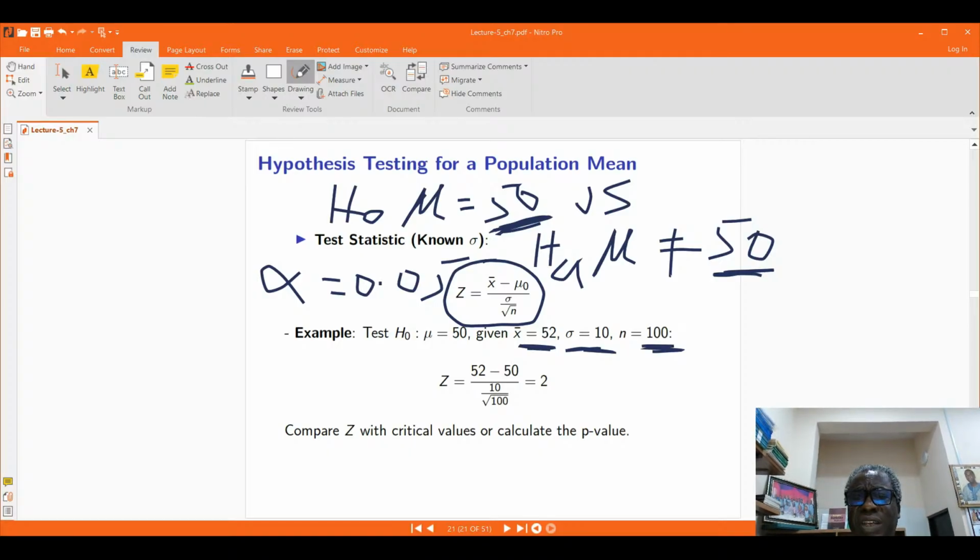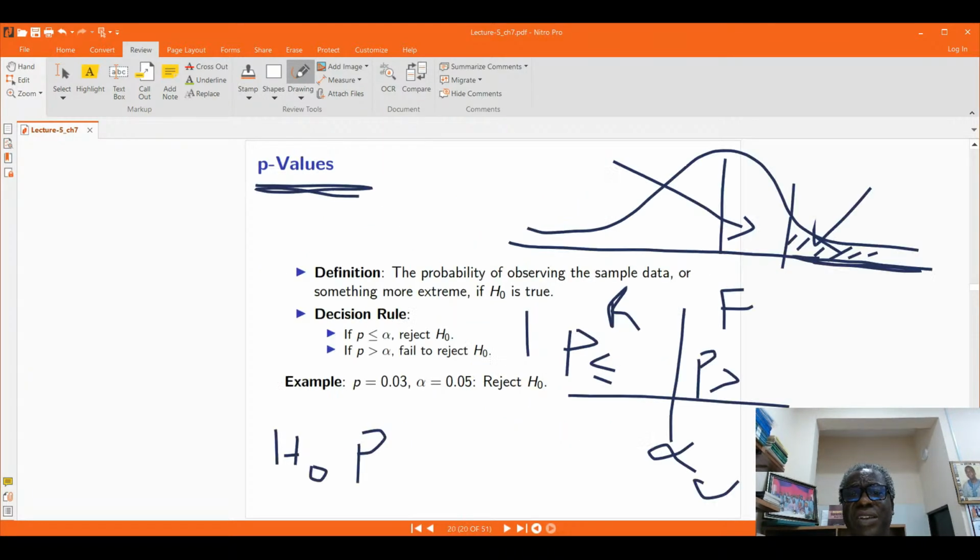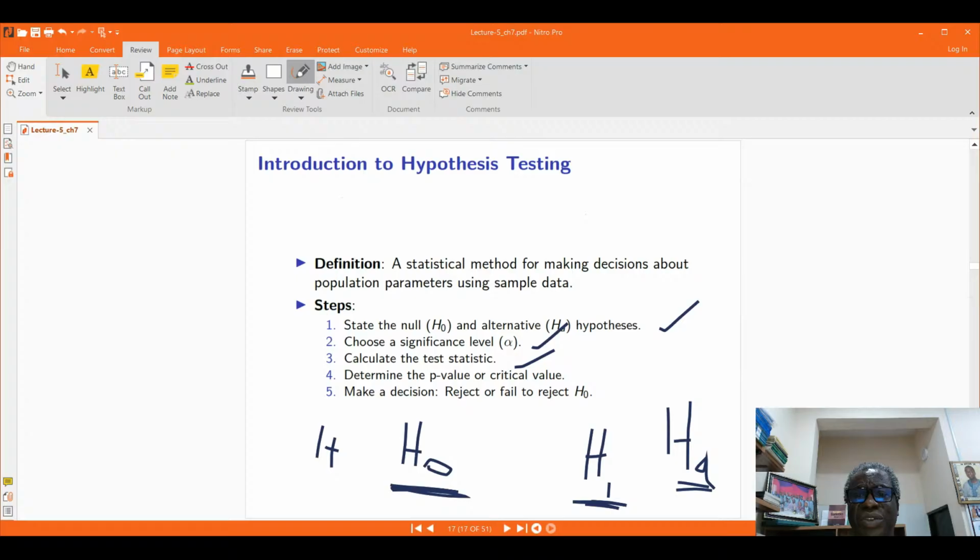After we have computed this, let me take you back to the next step, step 4, which is either we determine the p-value and use that to arrive at a decision, or we determine the critical value and use that to arrive at a decision.